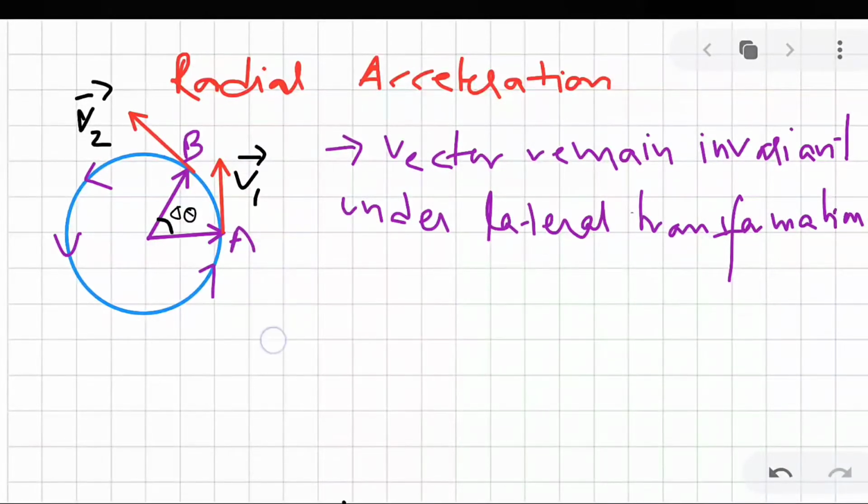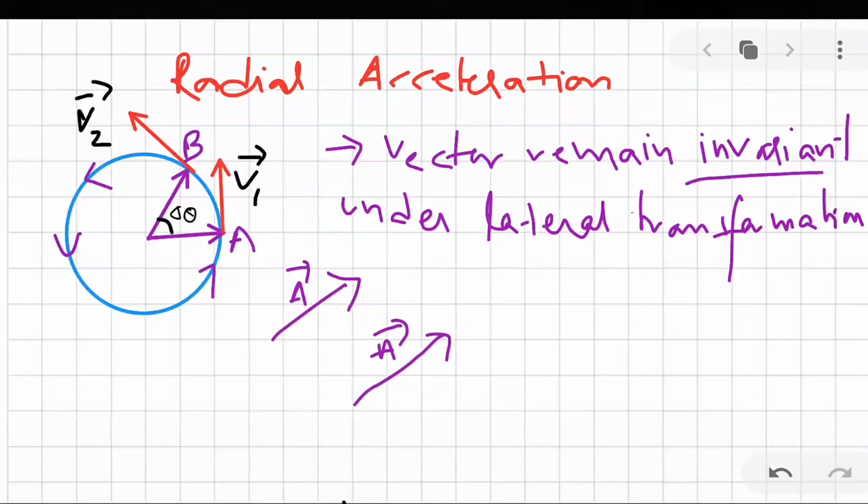If you have a vector, suppose this is vector A, and you shift this vector parallel to itself, then it will not lose its magnitude or its direction. So the vector remains invariant, meaning it does not change its property when you shift it parallel from this position to this position.